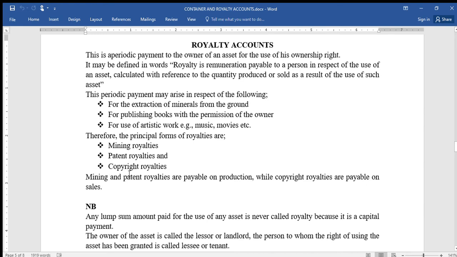Then lastly, copyright royalties for the use of artistic work, e.g. music, movies, etc. Mining and patent royalties are payable on production, whenever you extract something from someone's ground, you're supposed to pay them. While copyright royalties are payable on sale. Whenever you sell someone's music or movie, you're supposed to pay them.